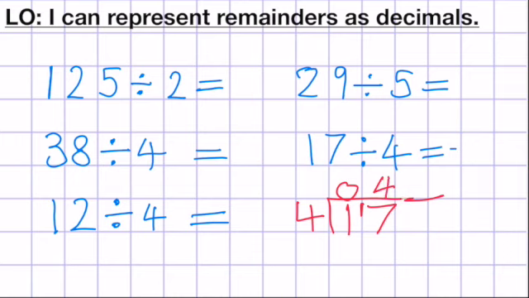And we have a remainder of 1. So I'm going to put my 0 here and then my remainder. 4 goes into 10 2 times with a remainder of 2. Extend the bus stop, put your 0, the 2 there. 4 goes into 20 5 times. So 17 divided by 4 is 4.25.